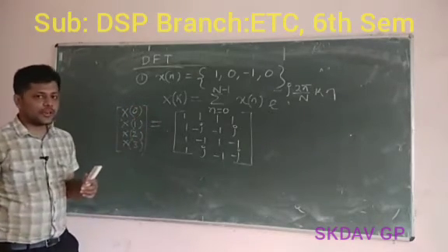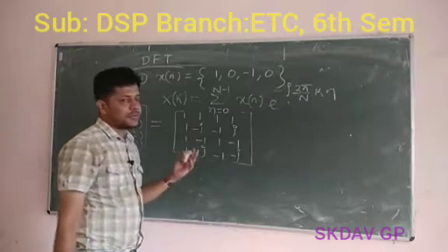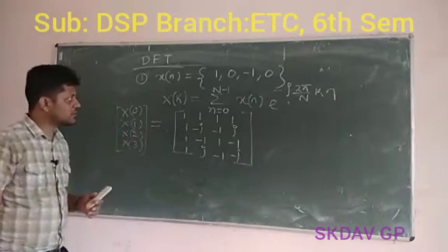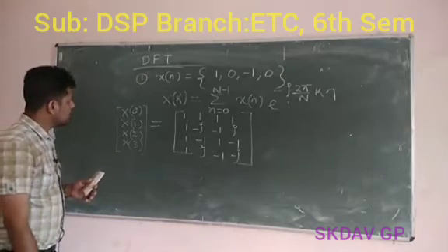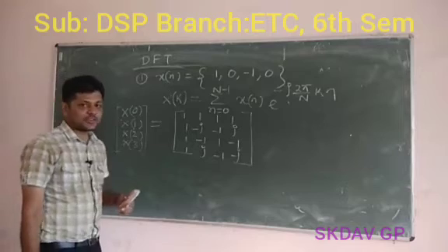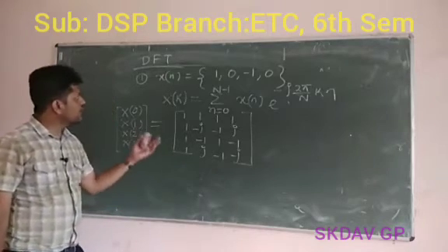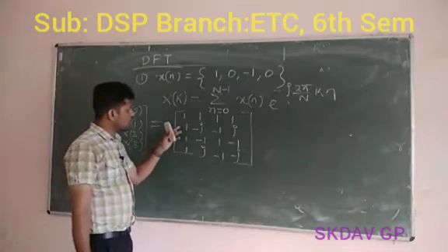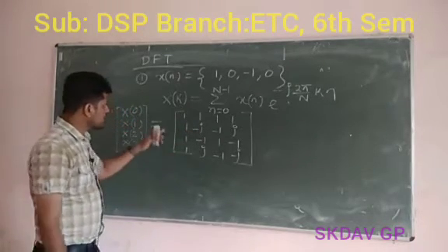This method is going to be very helpful when you are attempting multiple choice type questions, because solving the question in the conventional method will take more time. By using this matrix method we can easily find the discrete Fourier transform of the time domain signal x of n.